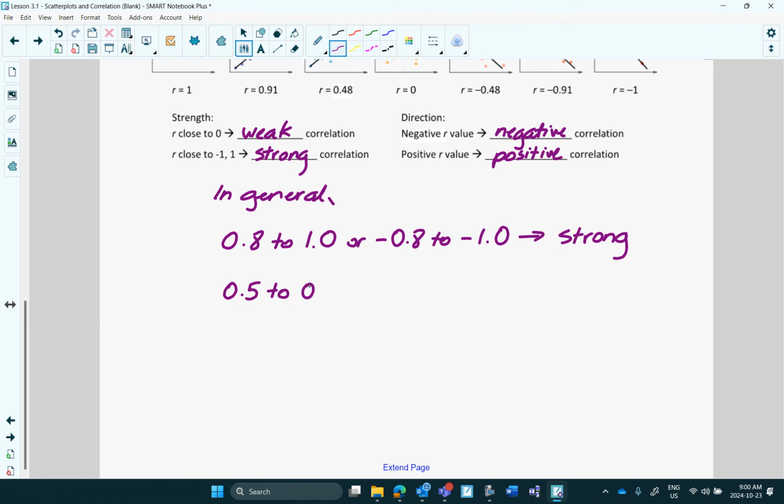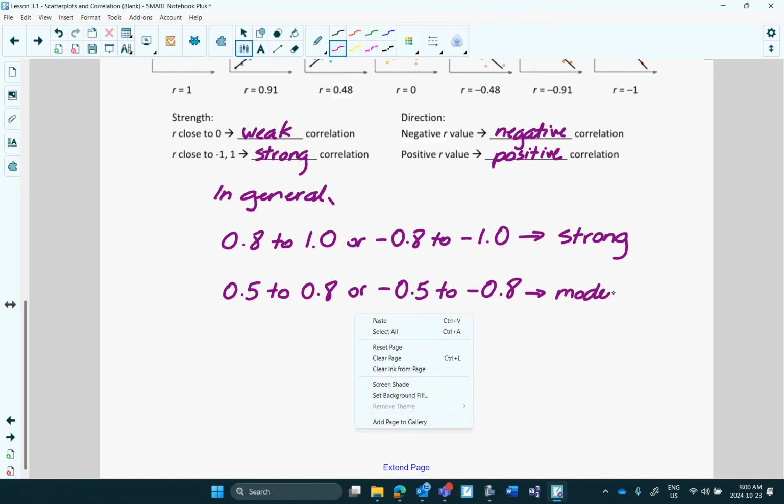If you're looking at this, you're looking at models. And you could even say moderately strong or moderately weak.